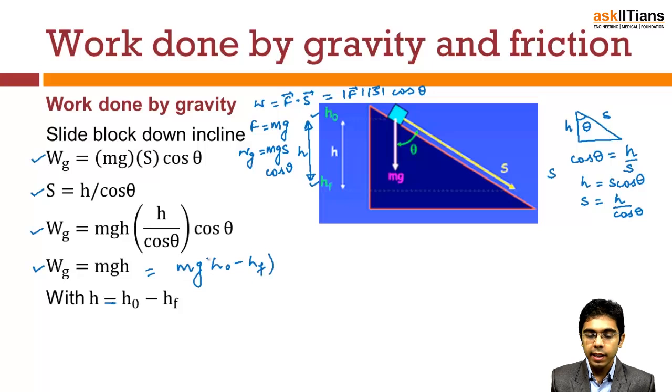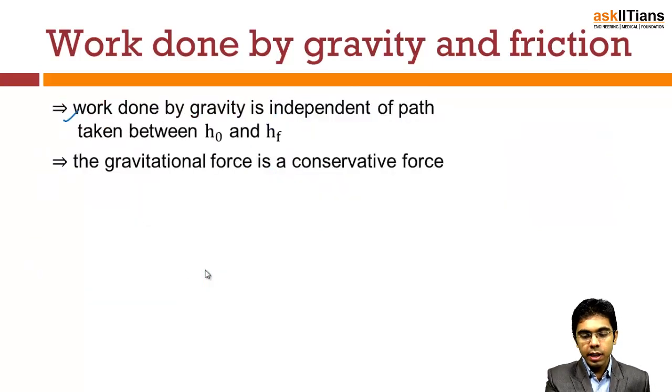That means it depends upon the initial position of the block and the final position of the block. Therefore the gravitational force is a conservative force. We'll talk later about what exactly a conservative force is; at this moment, gravitational force is conservative because it depends upon the initial and final position.